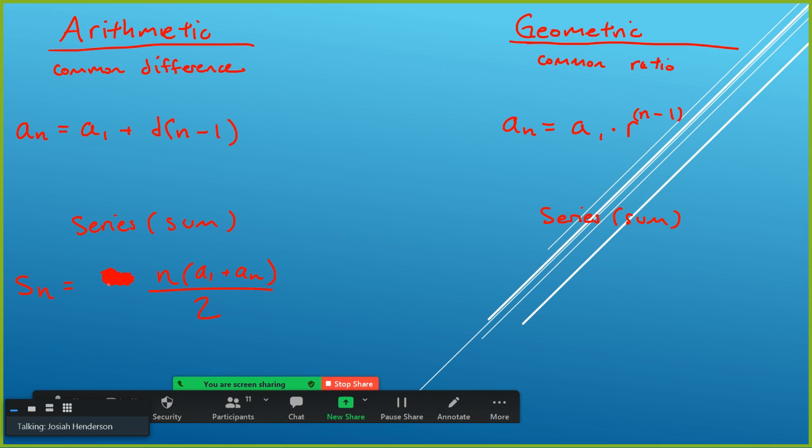Does it have an n on the top of the fraction? I don't see one. Wait a minute. I think that is supposed to be outside of the parentheses.